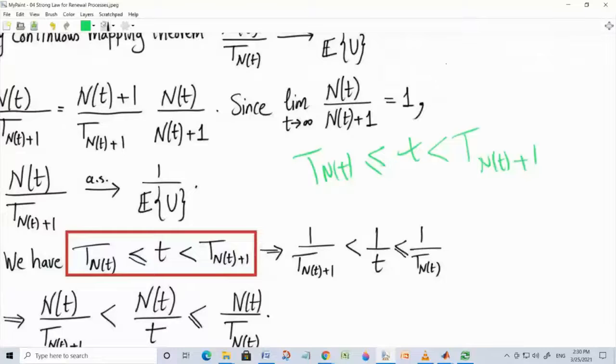So what if N of t is equal to 4? What is this inequality?